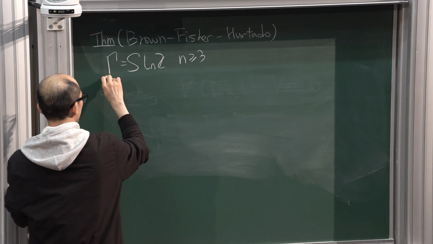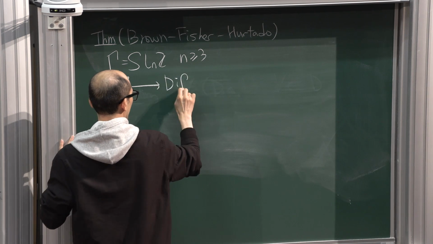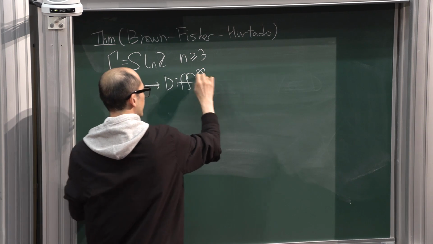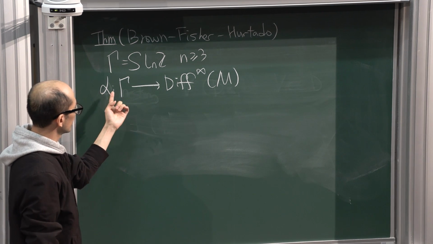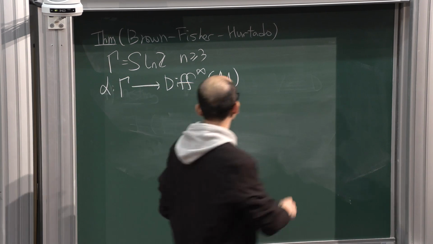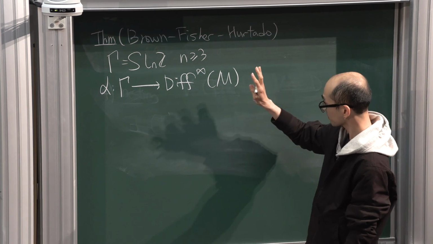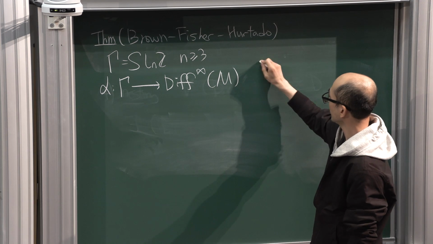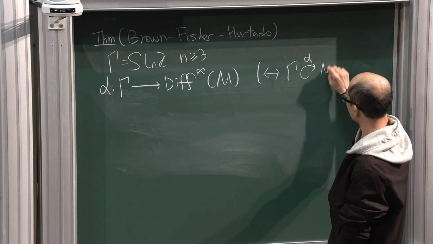Then if you have a group homomorphism alpha from gamma to the C infinity diffeomorphism group of M, where M is a compact, smooth manifold without boundary, this is the same as having a gamma action on M.